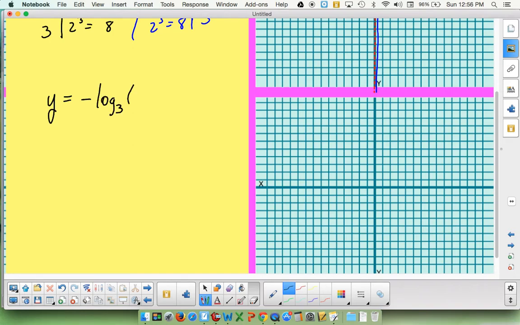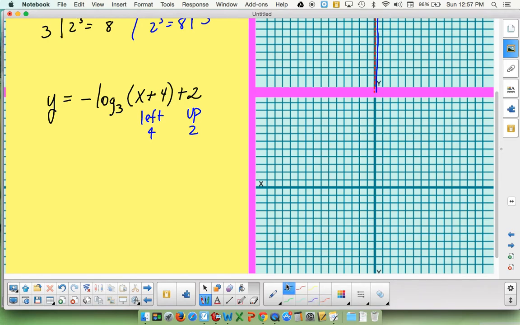I want to graph this logarithm, which is a negative log base 3 of x plus 4 plus 2. Okay, shifting rules are identical to what we've done now for some of you 3 years. We're going up 2, we're going left 4. You, of course, want to do that first.